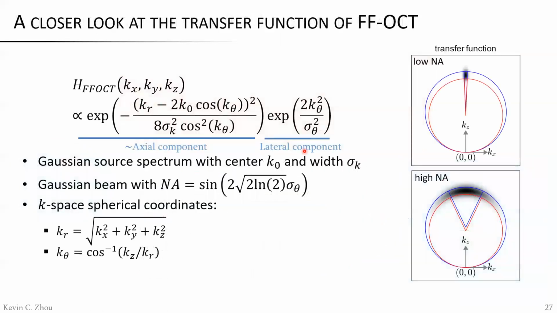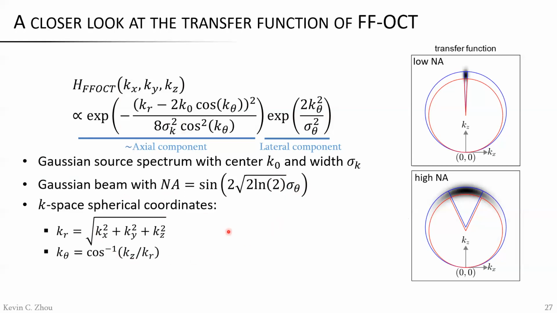So now that we've explained the Fourier diffraction theorem, let's take a closer look at the transfer function of full field OCT. Here we're being more physically realistic by assuming a Gaussian source spectrum with some center wave number K naught and some width sigma K. And we're also assuming a Gaussian beam with some numerical aperture, or NA, dictated by some angular range here denoted by sigma theta.